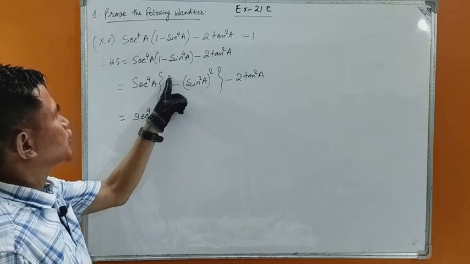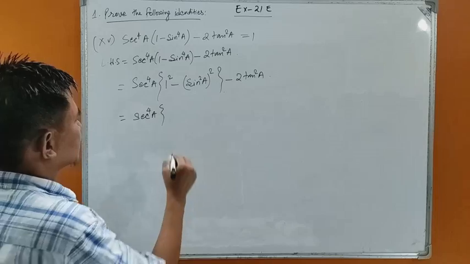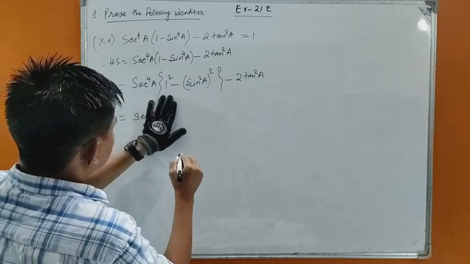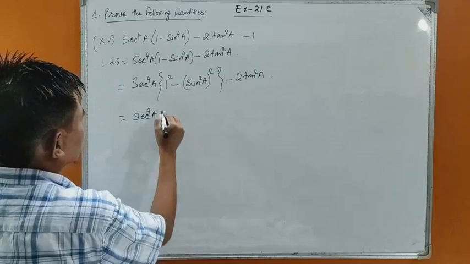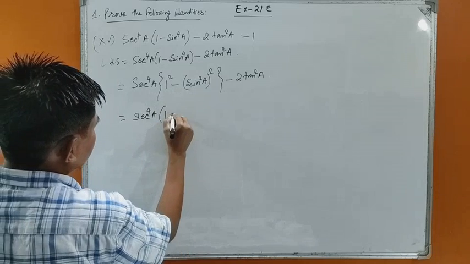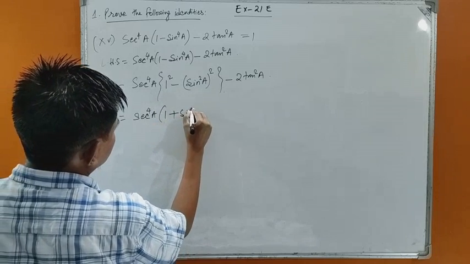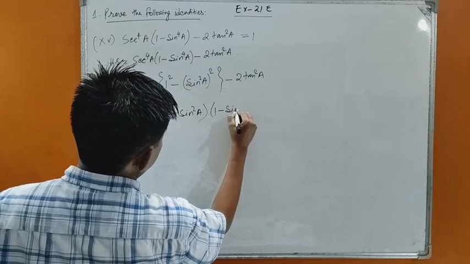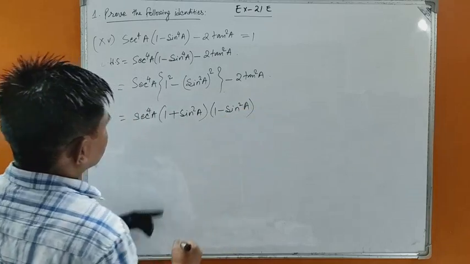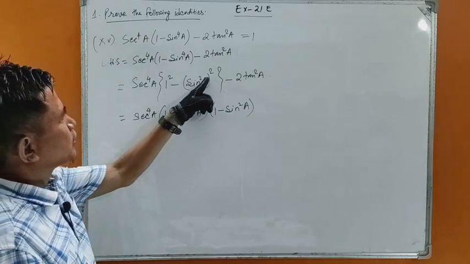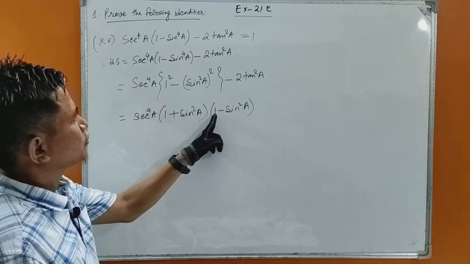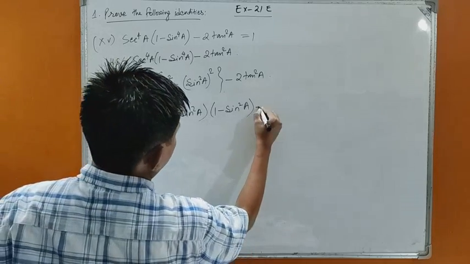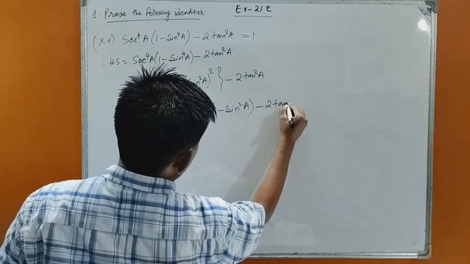So a square minus b square means a plus b into a minus b, isn't it? A square minus b square means a plus b into a minus b minus 2 tan square a.